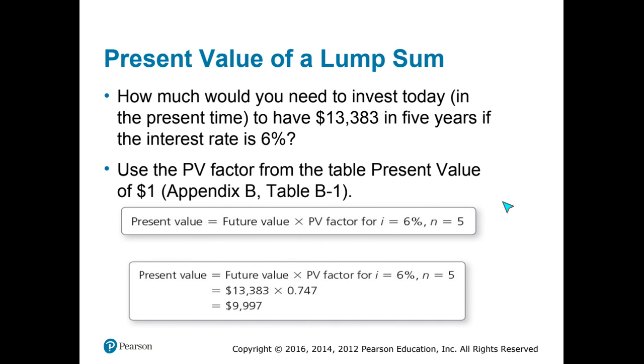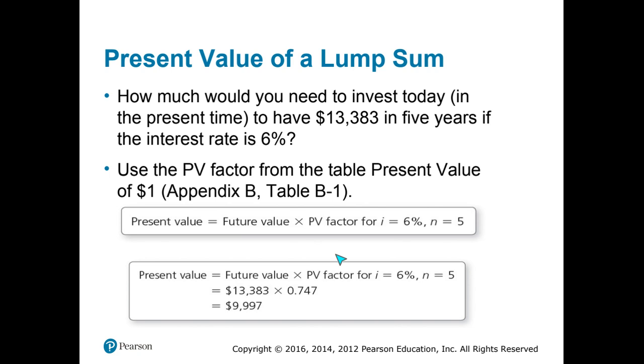All right. So in the book, we see present value. It's telling us to use the present value of $1. You'll see present value of $1 listed on your table. You look for the number of periods and the percent.